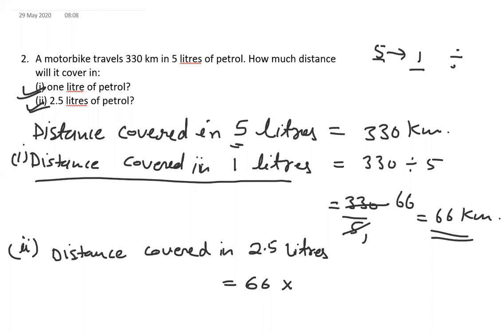Now just multiply the distance covered in 1 liter, which is 66, into 2.5, and tell me the answer. 66 into 2.5, beta. 165 kilometers. This is the answer. Clear?